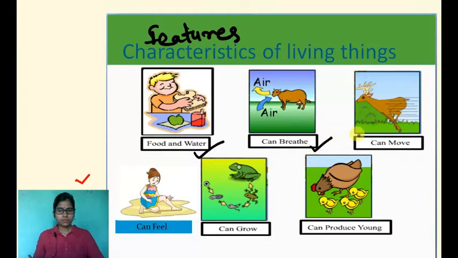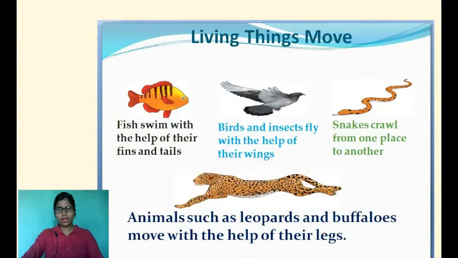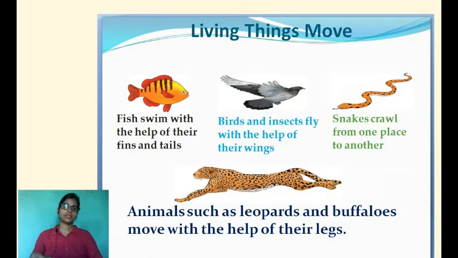They can breathe, they can move, they can produce young ones, they can grow and they can feel. One by one, we will discuss all the characteristics of living things.